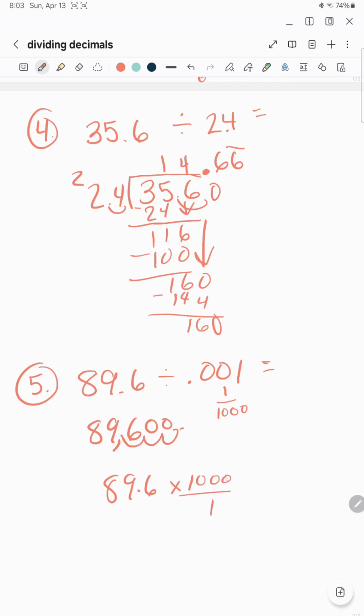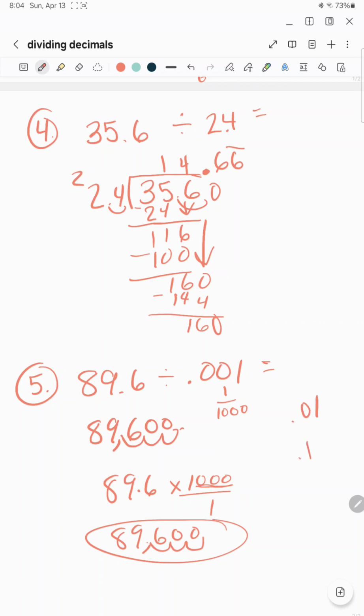And we know if we're multiplying by 1,000, we just move the decimal 3 to the right. So 89.6, you go 1, 2, 3. And we get 89,600.